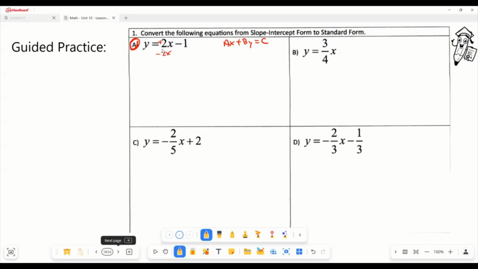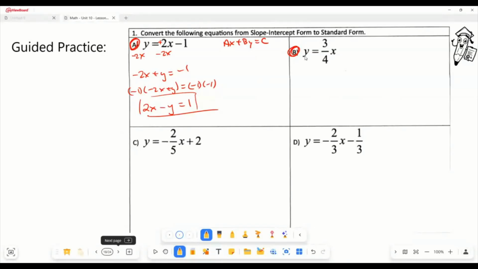The opposite is to subtract 2x. Negative 2x plus y equals negative 1. The x term has to be positive. Multiply by negative 1 on both sides. This gives me 2x minus y equals 1.